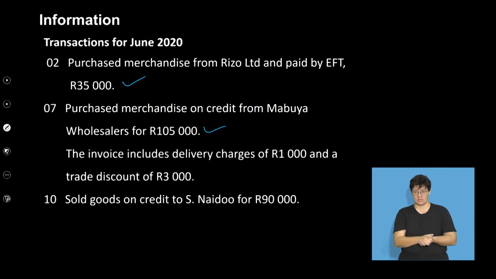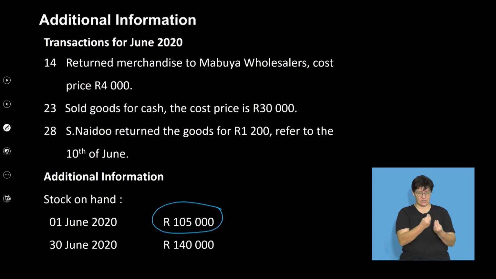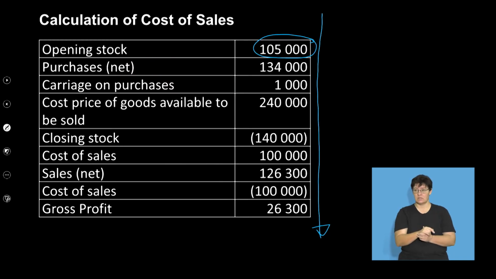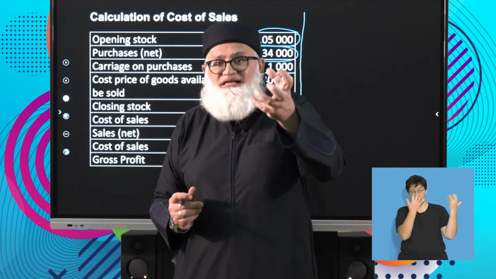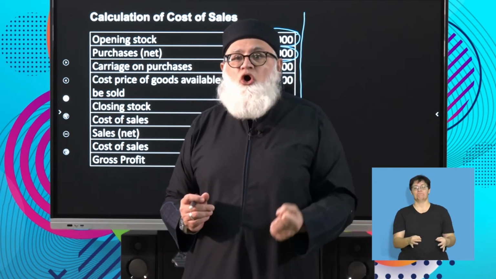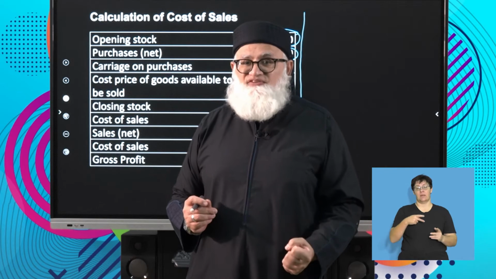Okay, then we sold goods. Okay, so we're looking at the purchases figure. Then obviously what you're now going to do is you're going to take that to determine your net purchases figure. Okay, so take all the information regarding your purchases, do your calculation, and then determine what was your net purchases figure.